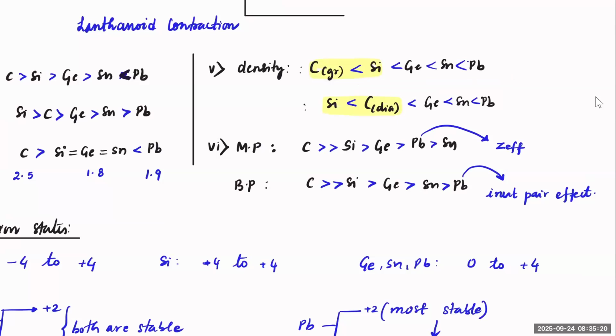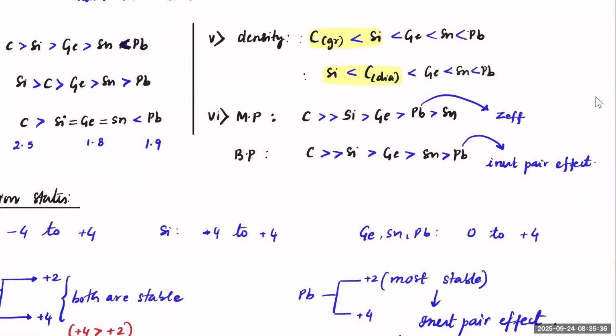Density wise, also, down the group, it increases, right? The only difference here is if you are comparing carbon as graphite solid compared to diamond solid. In the case of diamond, it will overpower the silicon form. Otherwise, silicon has more than that of graphite. Next, melting point. If you go down the group, tin would have a relatively higher melting point. Melting point has to do more with the metallic bonding.